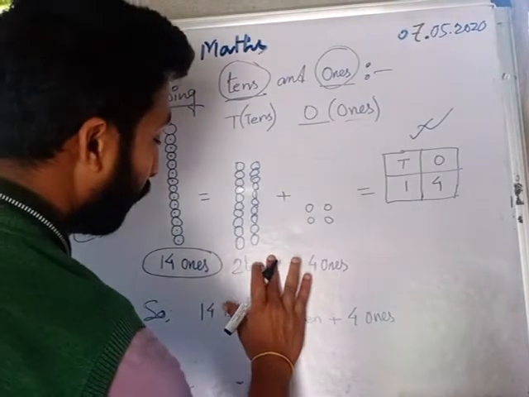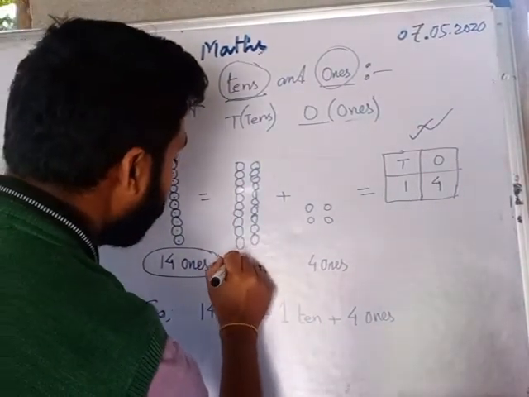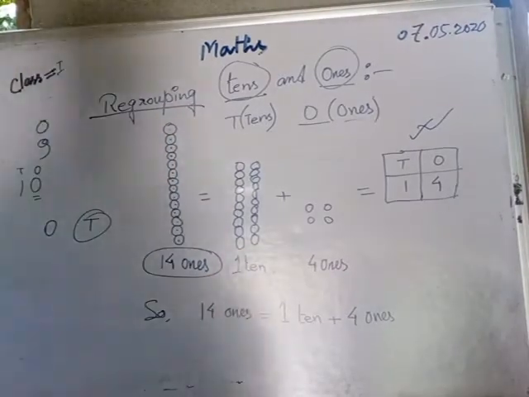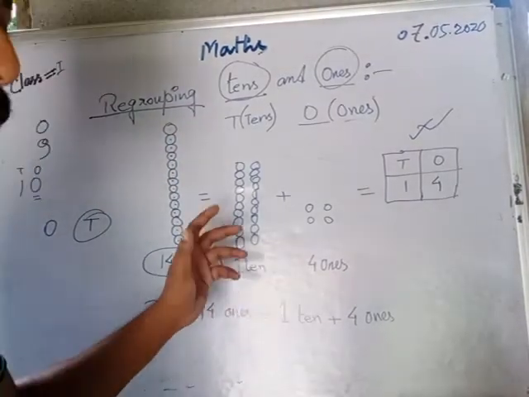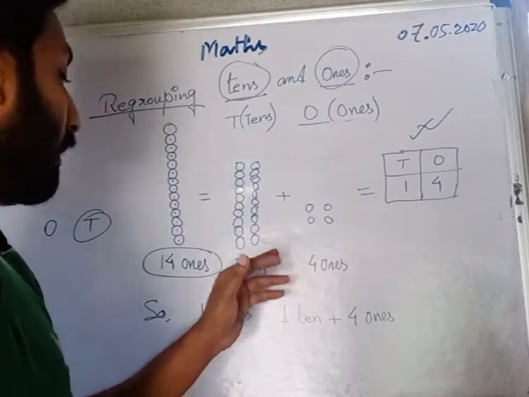Don't write here tens only for 1, because if it is 1, that means it is singular. That's why we should write here ten. If it is more than 1, it goes to the plural form. So we should write here tens.